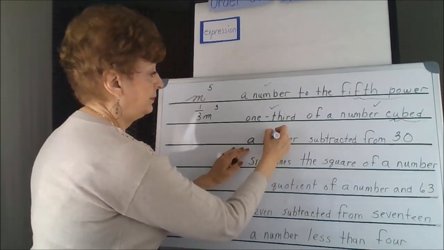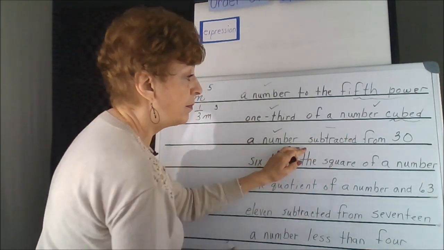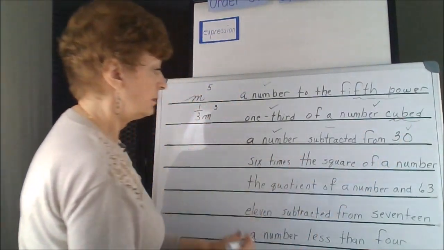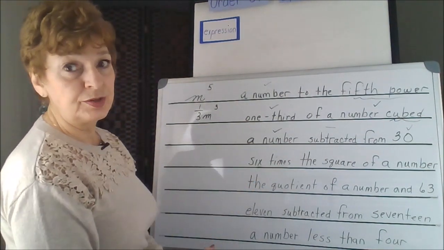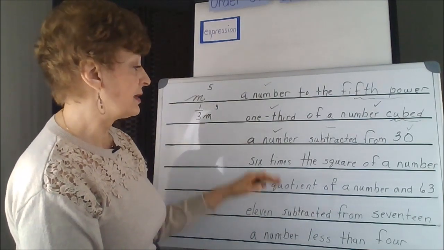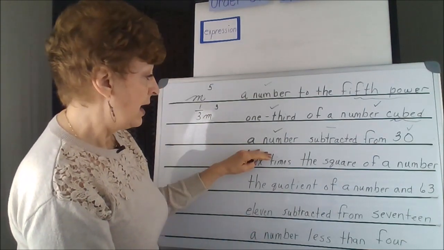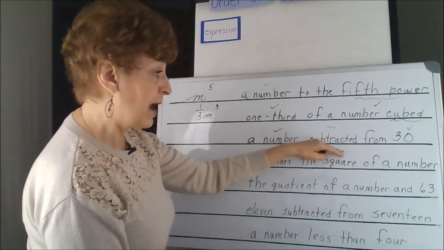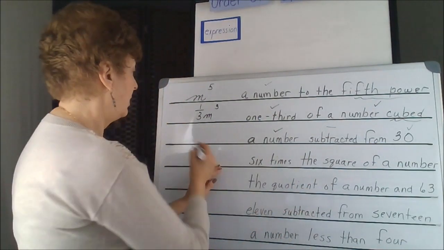A number subtracted from 30. Now this one is a bit turned around. You have to be careful when you're doing subtraction and division, because sometimes they twist and flip around with your head. You have a number subtracted from, so 30 is what you start with.